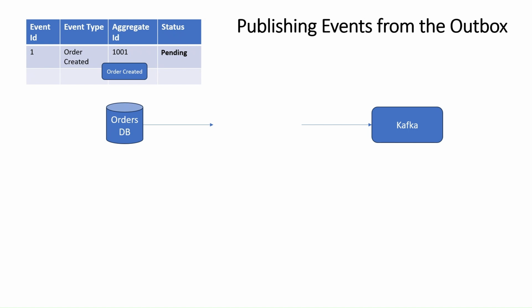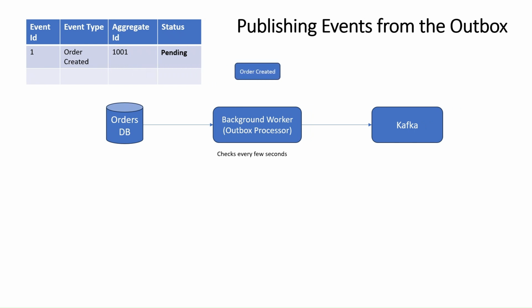Once the transaction is complete, the order service has finished its responsibility. A separate background worker continuously checks the outbox table for events whose status is pending. When it finds one, it reads the event and publishes it to Kafka.